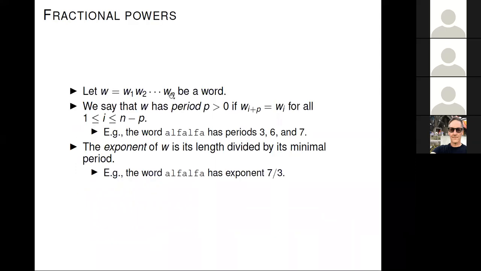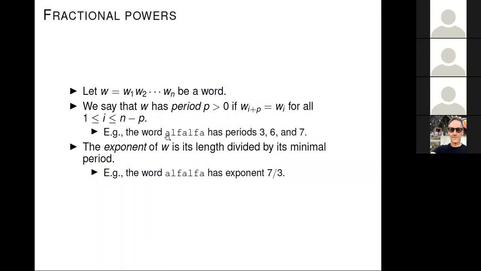So this definition is probably familiar to people. If you let W be a word where the W_i are letters, then we say that W has period P if it repeats itself every P letters. So if W_{i+P} is equal to W_i for all i that makes sense. So for example, the word alfalfa has periods 3, 6, and 7.